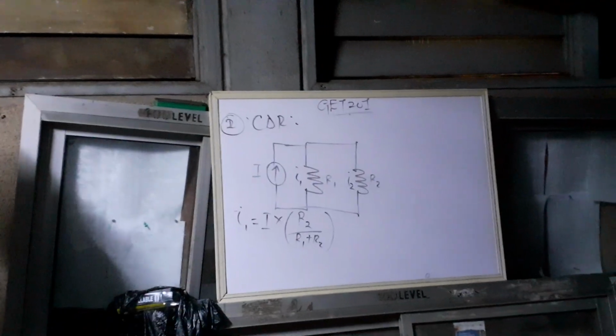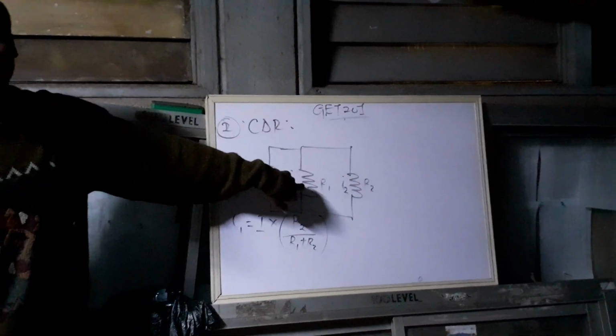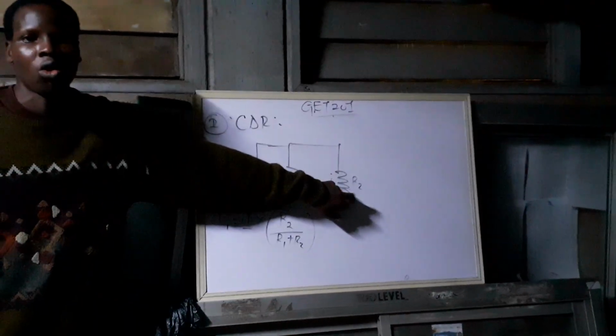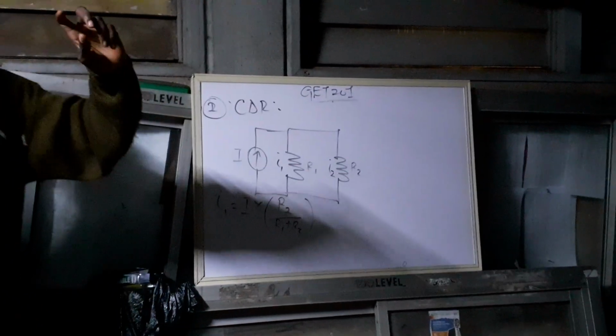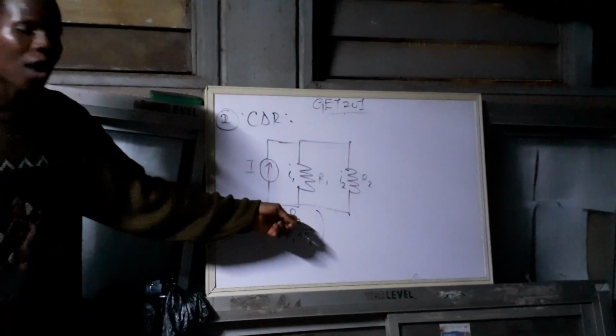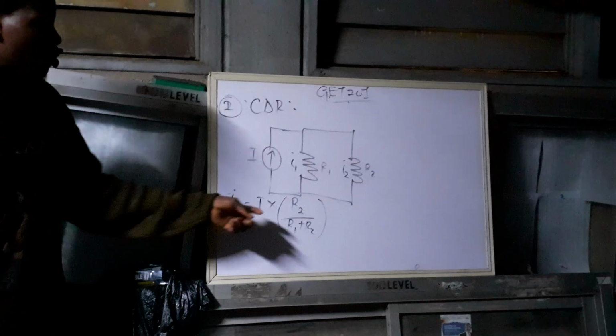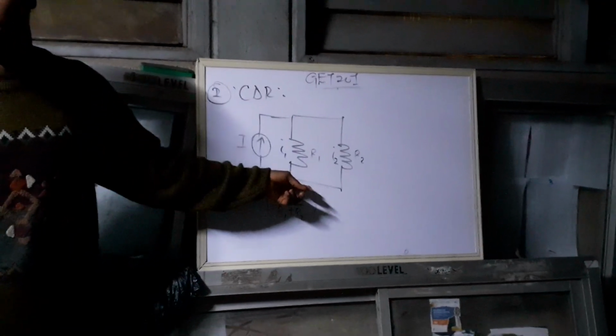To get I1, the current flowing through R1, you use the second resistor. In the voltage divider rule, you use the first resistor. But in the current divider rule, when you are looking for I1, you use R2 up here.